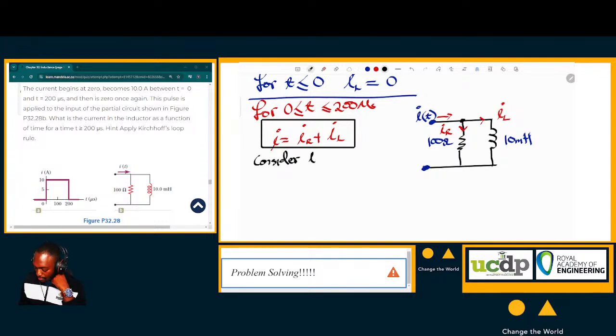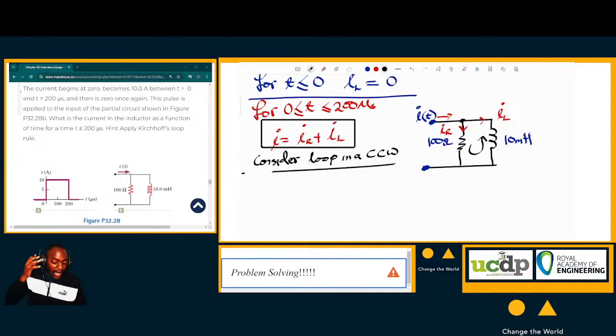If we consider to loop in a counterclockwise direction, it means that when following the direction of current, our potential drop is positive, but when opposing the direction of current, then it's negative.